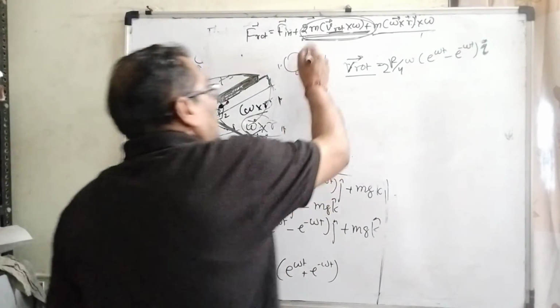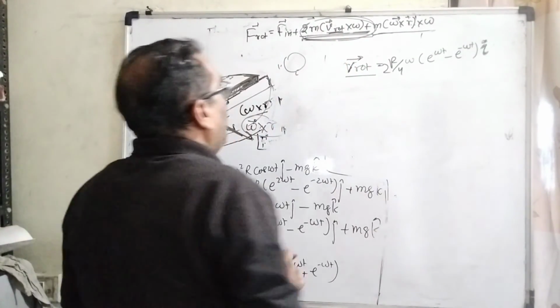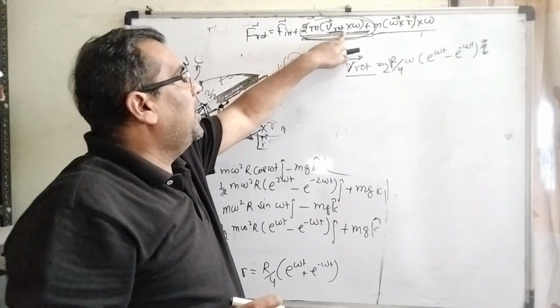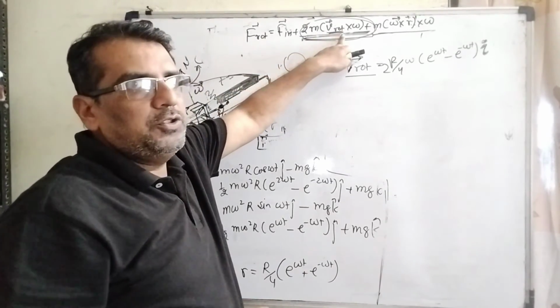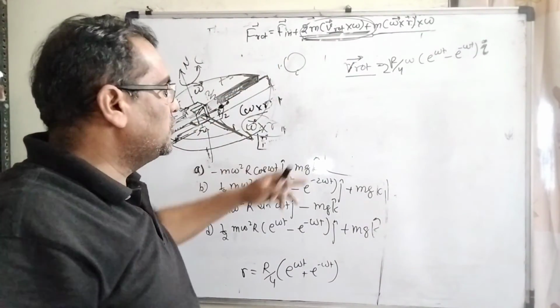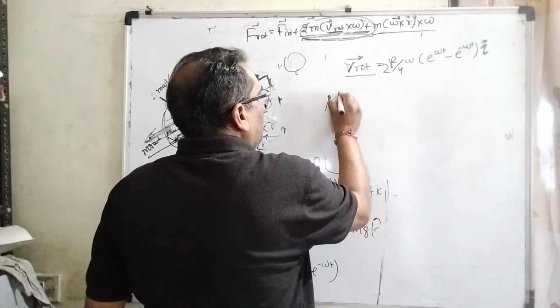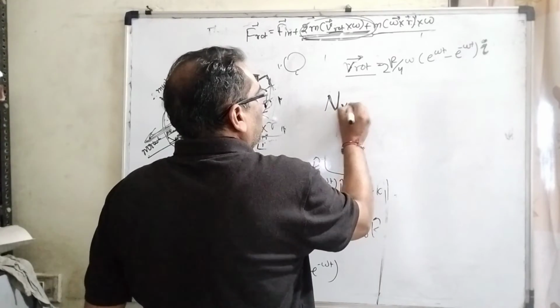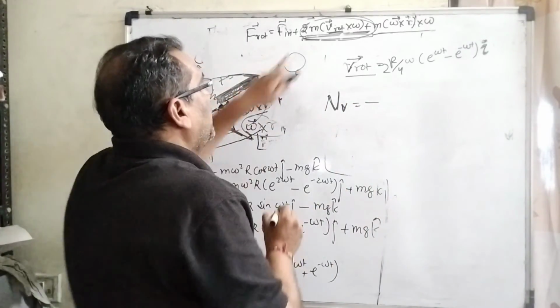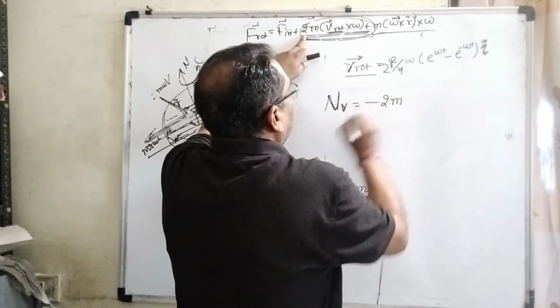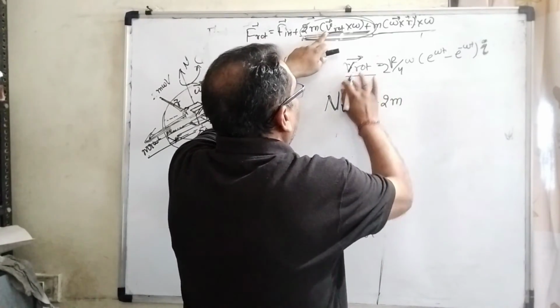Now you can see that 2m v rotational omega, this force is the Coriolis force. Coriolis force means it is in the opposite direction. So the vertical normal force is negative 2m v rotational.